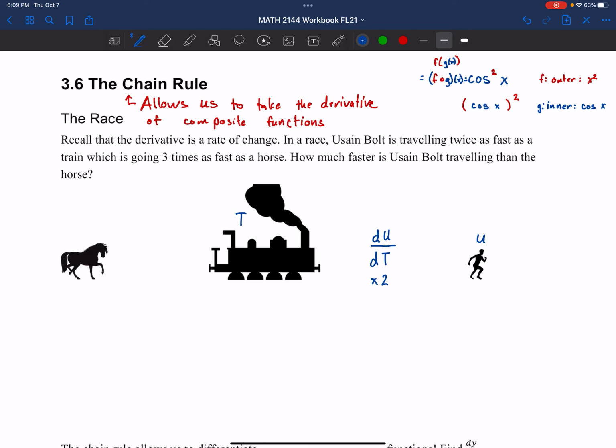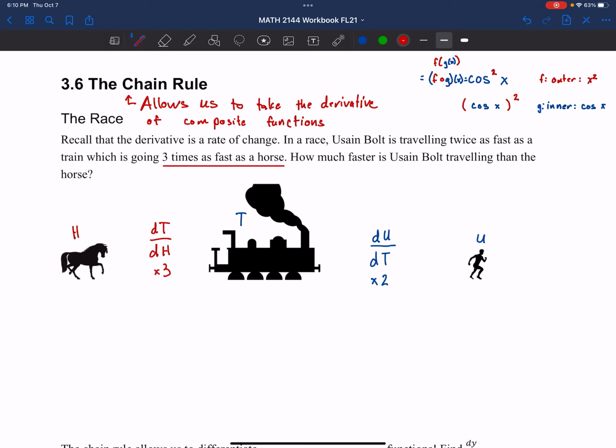We also have another scenario where the train is going 3 times faster than the horse. So let's call this H for horse. Let's use a capital letter since we've been using capital letters. What we're told here is that the rate of change of the train with respect to the horse is 3 times faster.